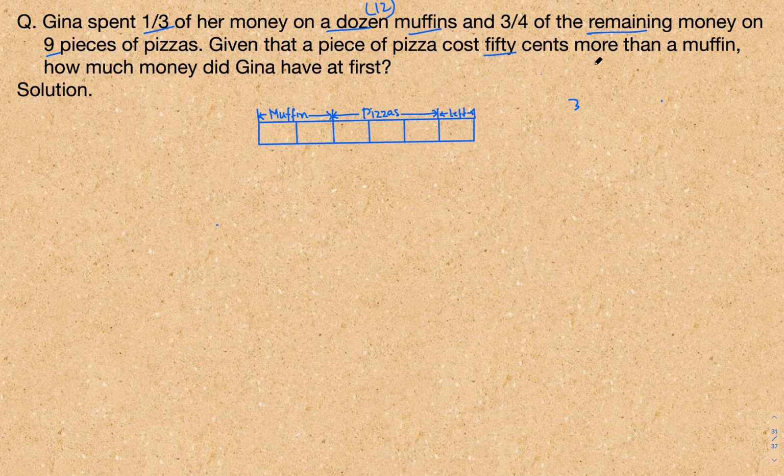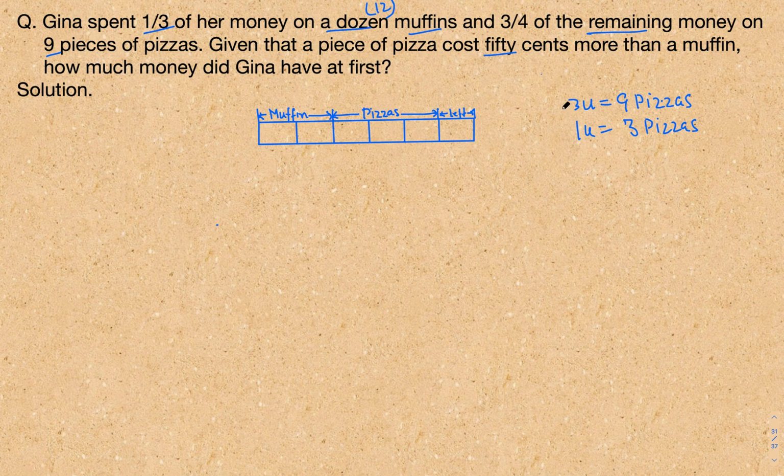How much money is spent on 3 pieces of pizza? Let's write it here: 3 units is spent on 9 pieces of pizzas, right? So that means 1 unit is spent on 3 pieces of pizzas.